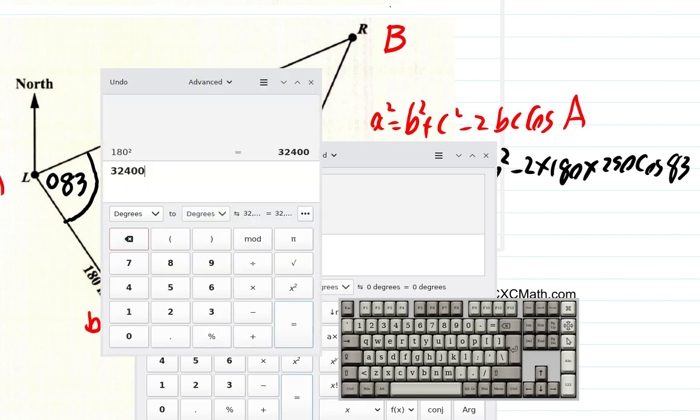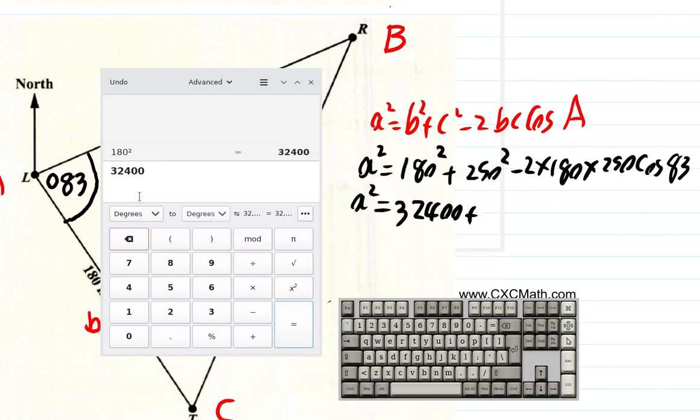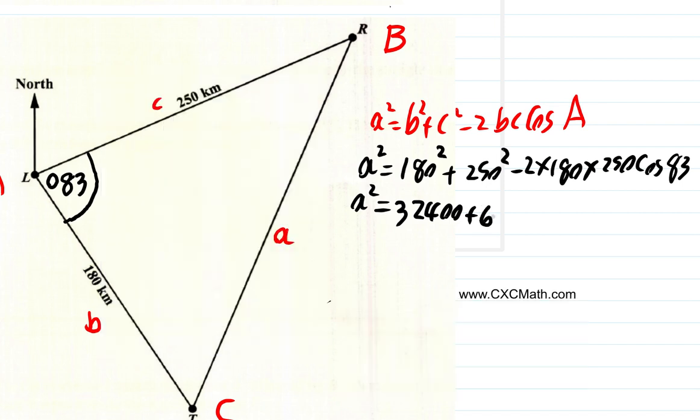So we have 250 squared equals 62,500. 62,500 minus 2 by 180 by 250.